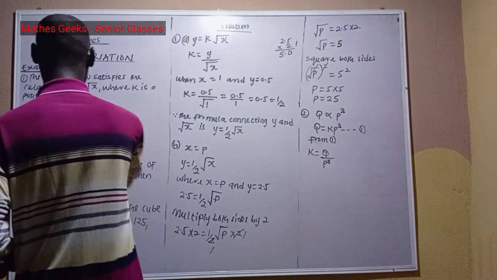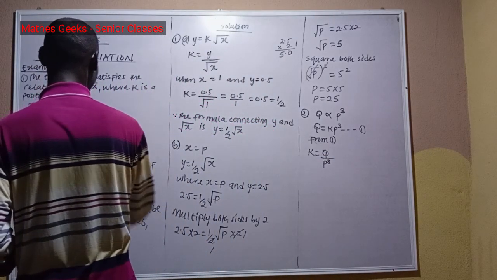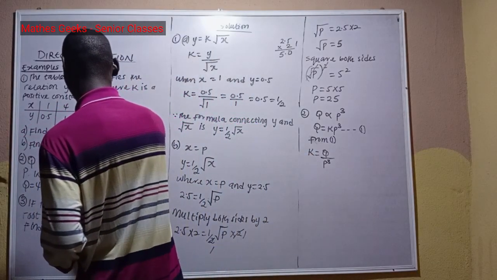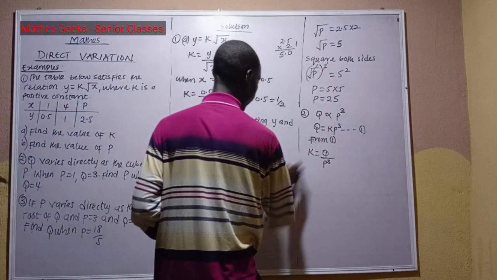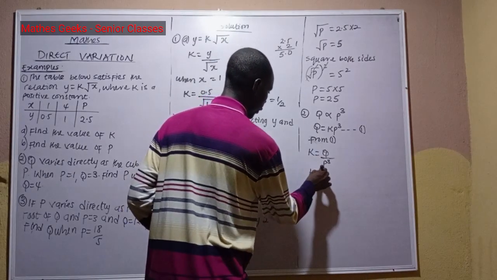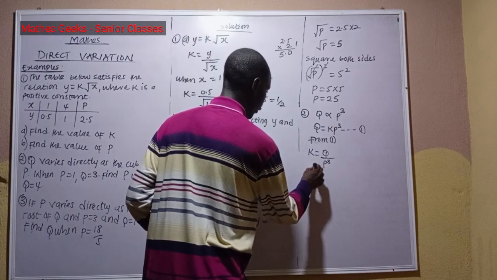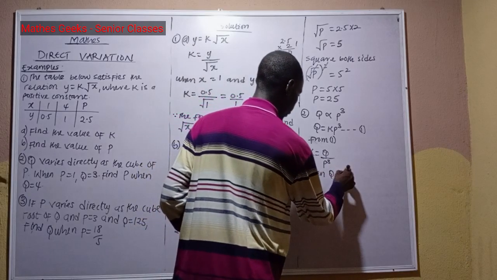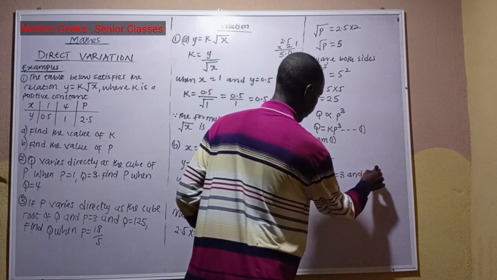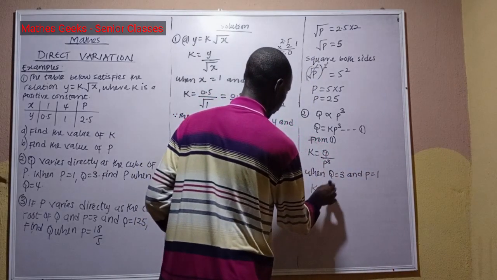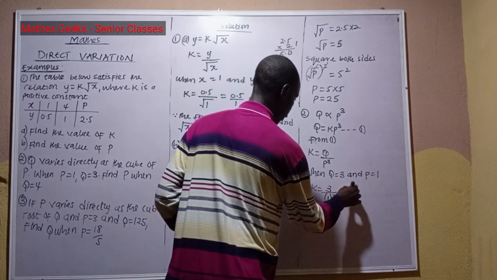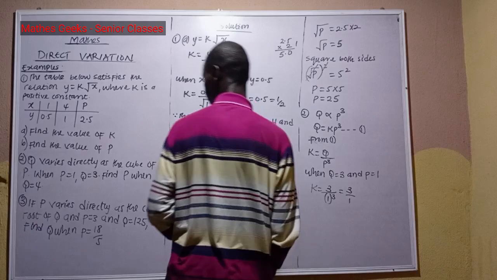Now when p is equal to 1, q is equal to 3. With this first piece of information, we're going to get the value of k. So when q is equal to 3 and p is equal to 1, k is equal to 3 over 1 raised to the power 3, that's 3 over 1.